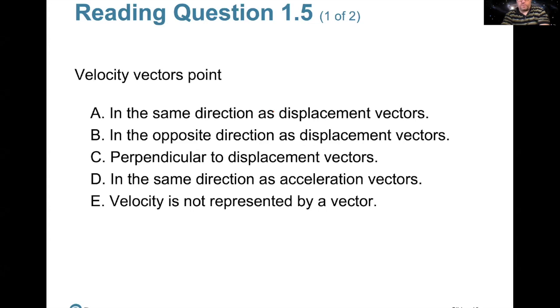So which one could it be? In the same direction as the displacement vector. So if we started off at the origin, then we started moving, the velocity vector would be in the same direction as the displacement vector.